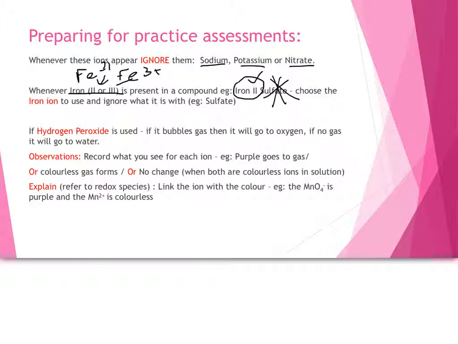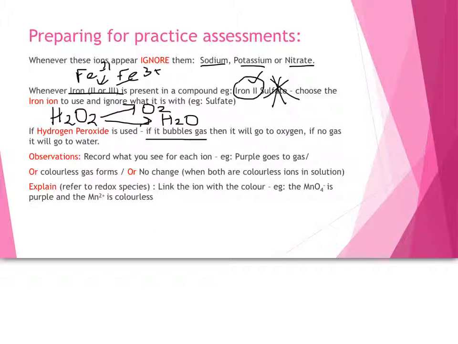With hydrogen peroxide, which is H2O2, this is a tricky one because it's able to be oxidized and reduced. When it's oxidized, it forms oxygen. When it's reduced, it forms H2O. So you have to be very careful to read the question.